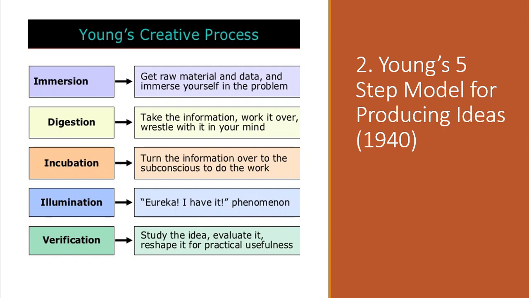While Young's came with 5 stages. The first one is immersion. Get raw material and data and immerse yourself in the problem. Quite the same thing. Before this in Wallace's idea, the first step is preparation. So this one also gets material, data, and immerses yourself in the problem.